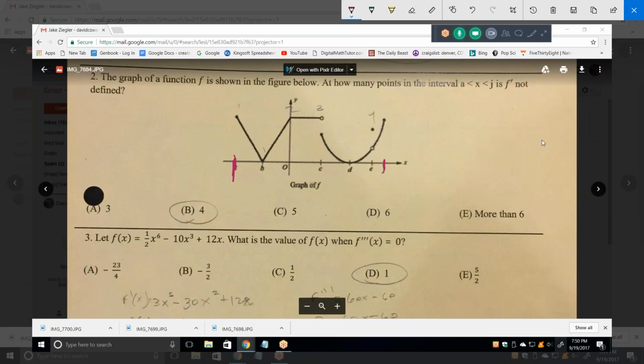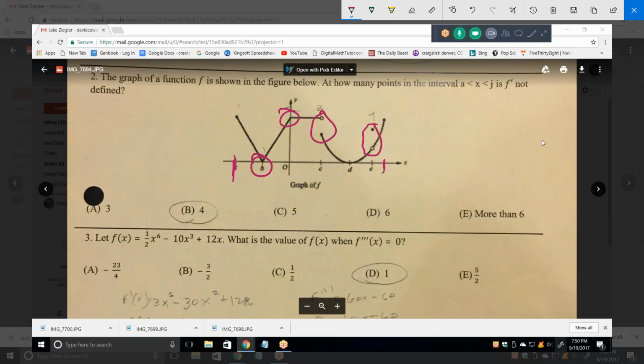How many points is the derivative not defined at? What's the first point? The first point, B. Okay, that's 1. And then the next one, the y-axis. 0. Yeah, 0. Okay, what's the next one? C. And the next one? E. So 4 points.